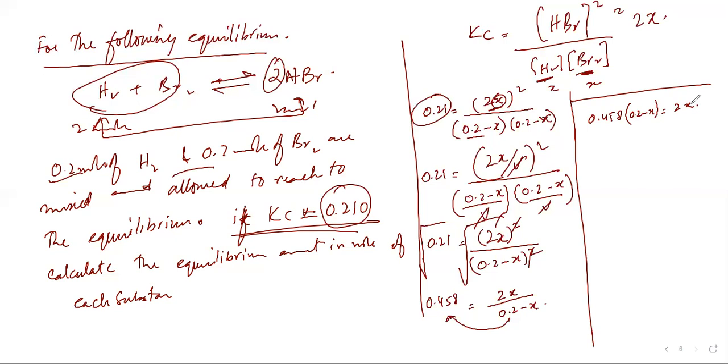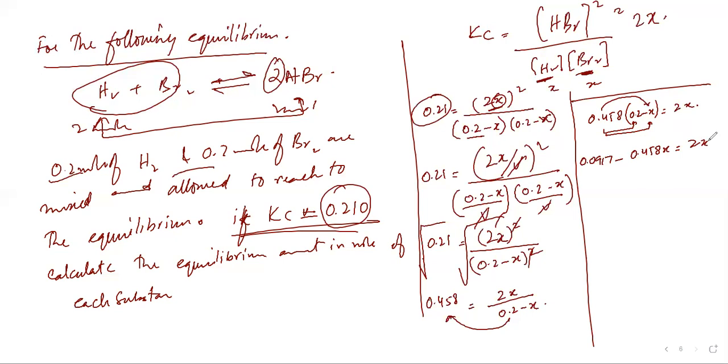And now if I multiply these two and these two, so this becomes 0.0917 minus, this multiplies with this, so this becomes 0.458x is equal to 2x.